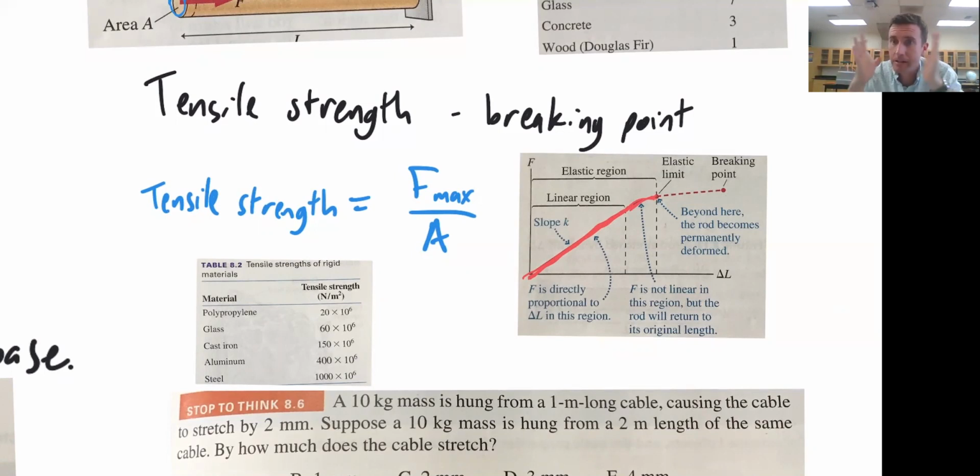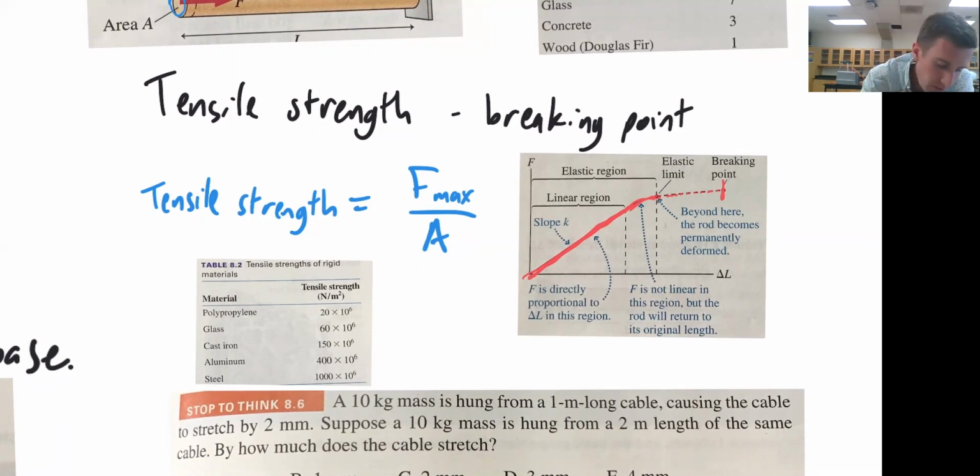The rod will still come back to its original length. And then finally, I reach a point where I'm going to start breaking stuff. The elastic limit will deform after there. And then eventually you reach a breaking point where the rod will just snap. And then it won't come back together at all. It's broken. Okay, so I can find that tensile strength by finding the maximum force I can exert divided by the area of the cross-section of the rod.